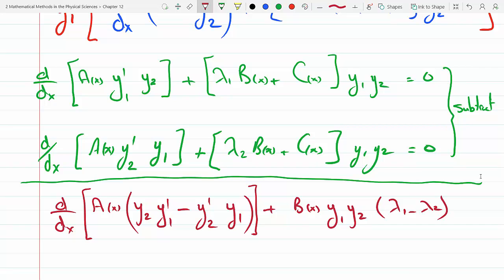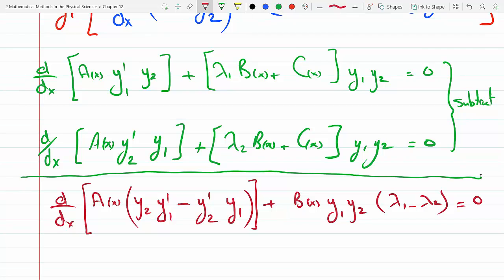Note that c of x y1 y2 minus c of x y1 y2 goes away, so I end up with this.